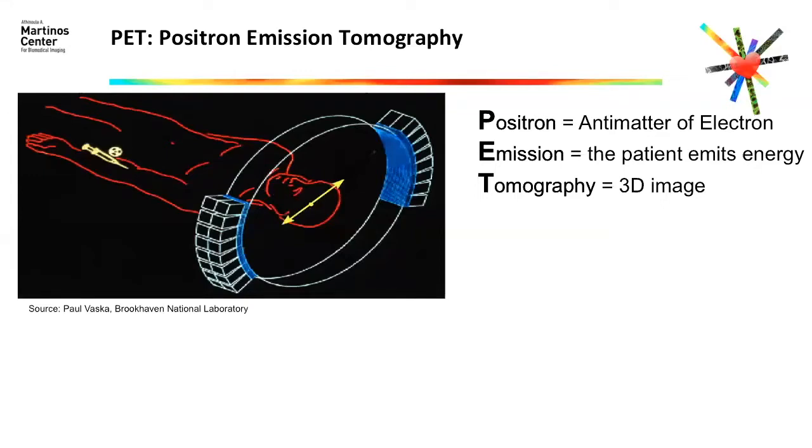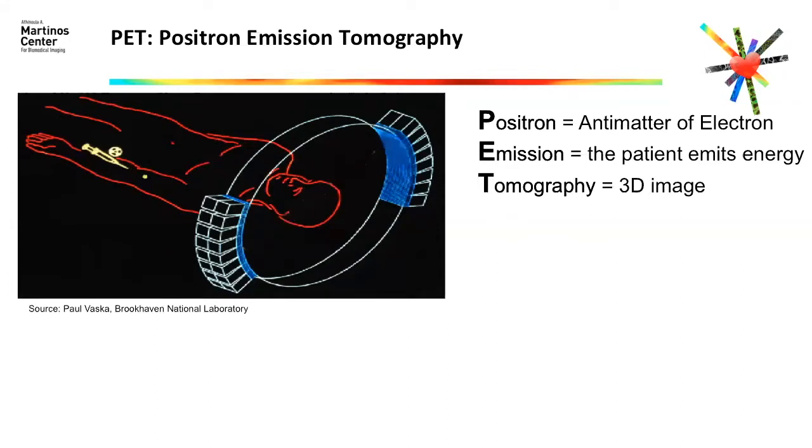The positron is the antimatter of the electron, which means they tend to join forces together. When there is a positron, it will try to interact with an electron within the body, because we have injected this positron emitter tracer inside the body of the patient, and it will emit two gamma rays.